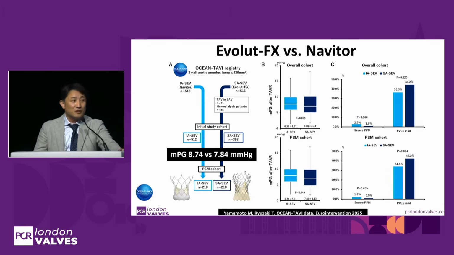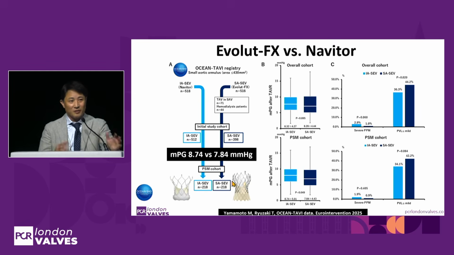And that is a great debate between the intraannular versus supraannular self-expandable valve. If we choose a supraannular self-expandable valve, we show better hemodynamics in terms of the mean pressure gradient being lower, but the difference is only 0.9 millimeter mercury.